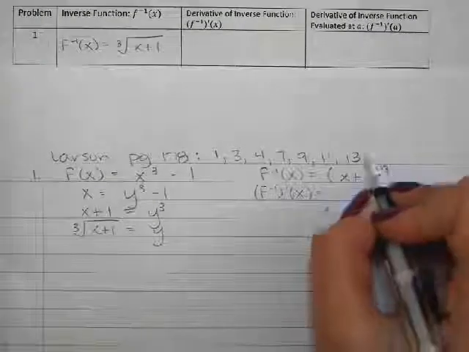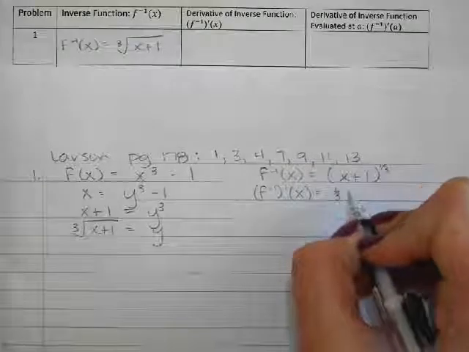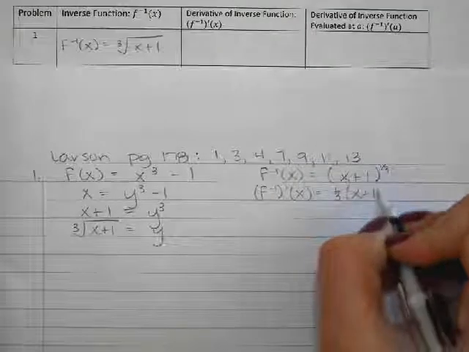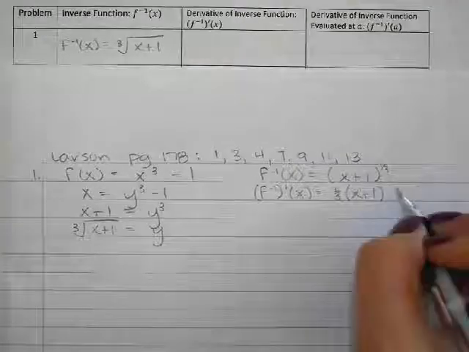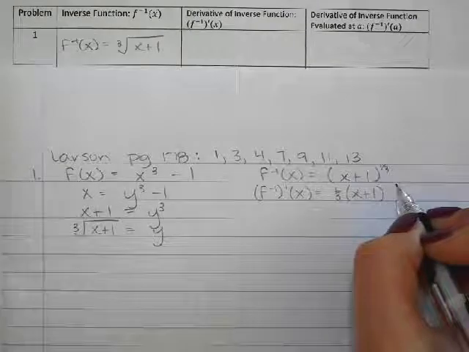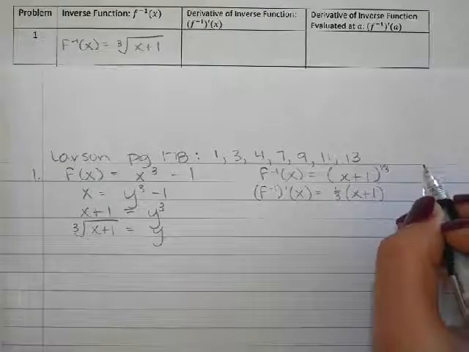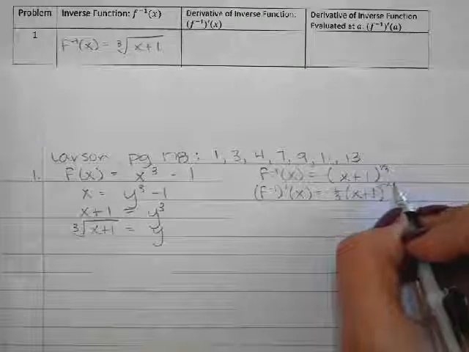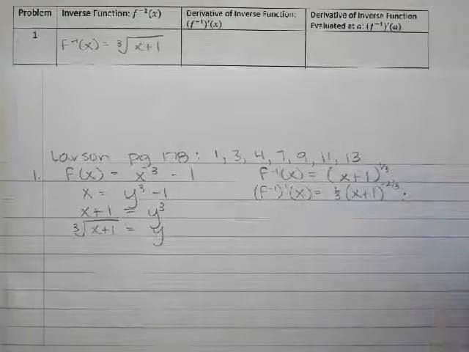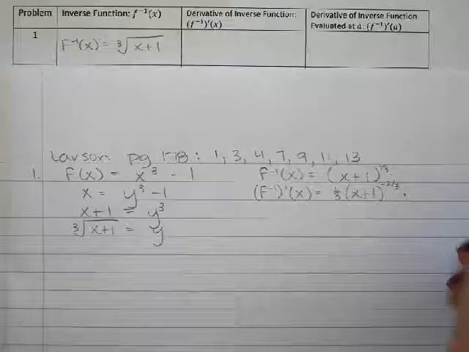So I take the 1/3, I move it to the front, keep the inside the same, subtract 1 from the exponent, negative 2/3, multiply by the derivative of the inside, 1, doesn't matter.